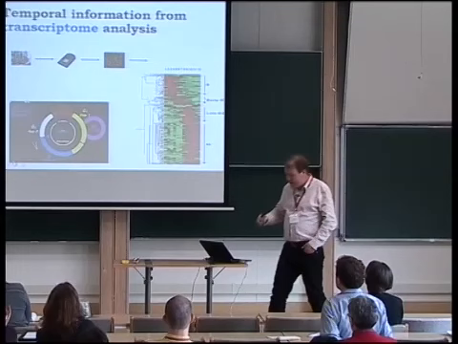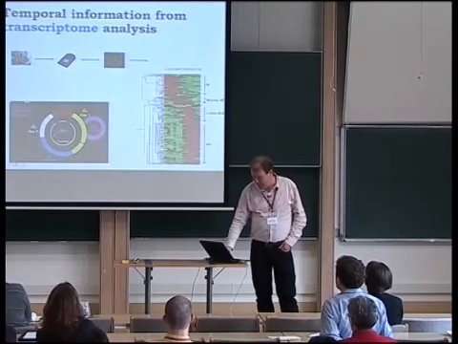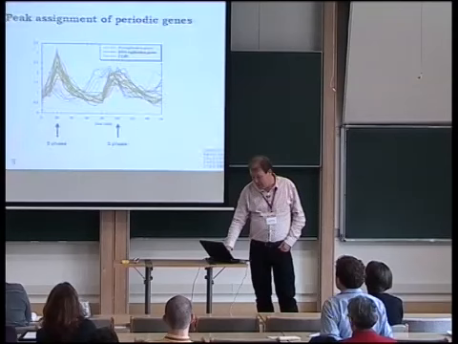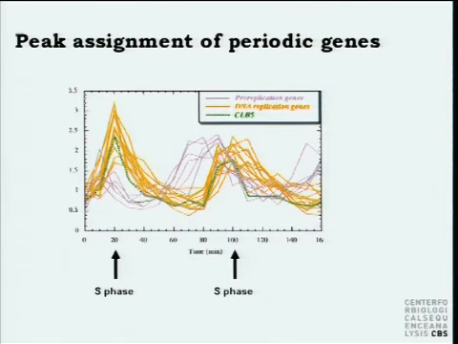So the transcriptomics data is a very important data type when you would like to model the cell cycle, and from these temporal patterns of gene expression over time, here we have two cell cycles, we can see that certain categories of genes, for example the DNA replication related genes, peak in the S phase and so on, where the DNA is replicated, and you can see the pre-replication gene category is peaking a little bit before.